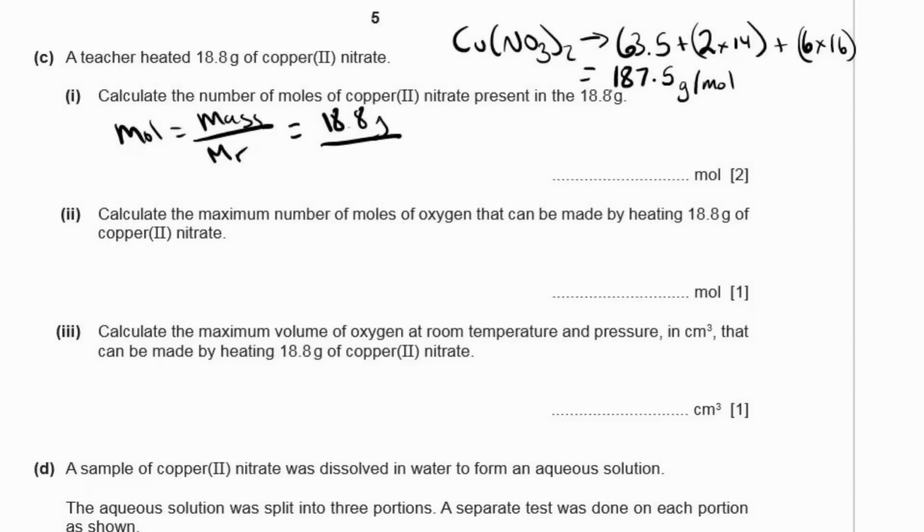But that's 4 significant figures. That's a bit excessive. So we should probably say 188 grams per mole, because we have 3 significant figures here. And if we do that calculation, we get 0.1 moles. But since we have 3 significant figures, we should probably have 3 here. So 0.100 moles.